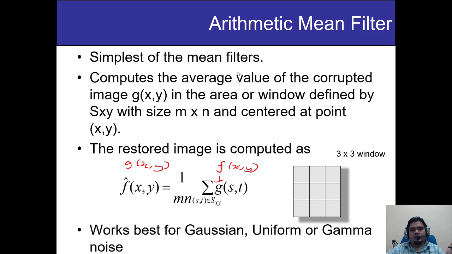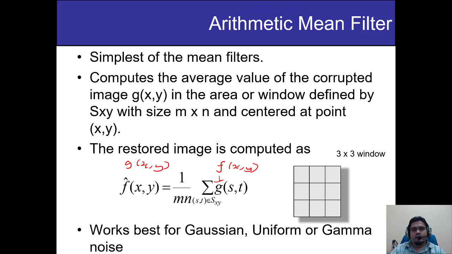If you compute the average filter, you will get the same output as the arithmetic mean filter, because both are the same filter. In image restoration we call it the arithmetic mean filter, while in image enhancement we call it the average filter.